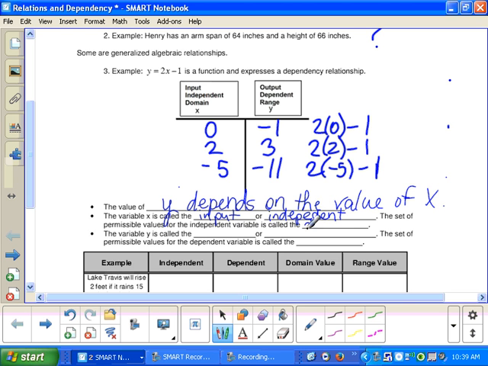And all of those values are the domain. On the other hand, y is your output or your dependent, and all of those values are your range.